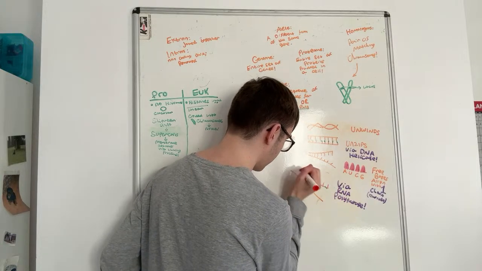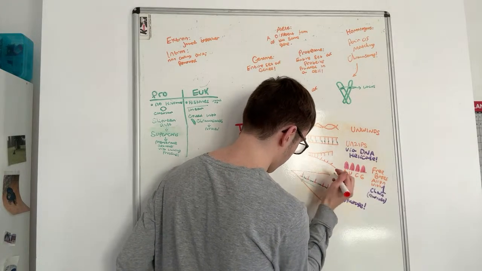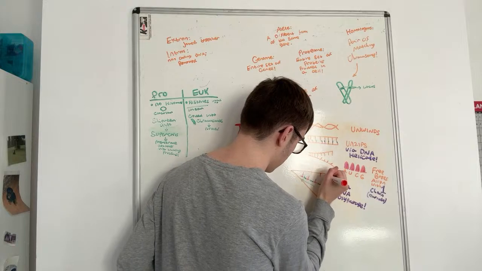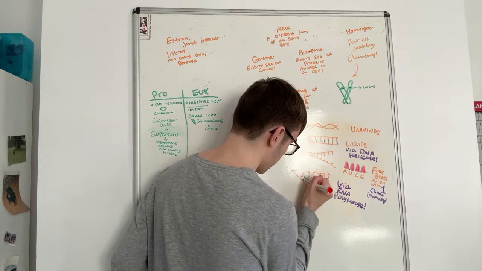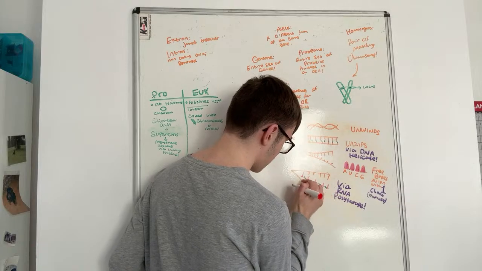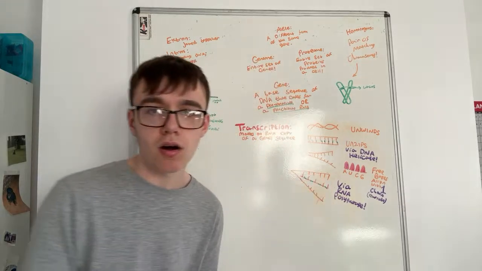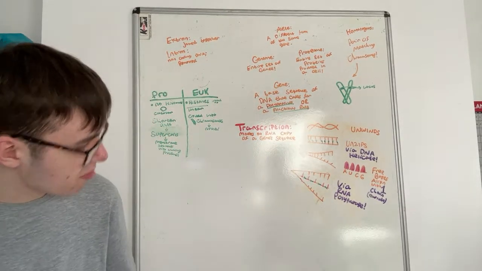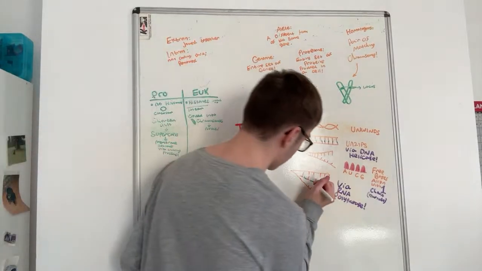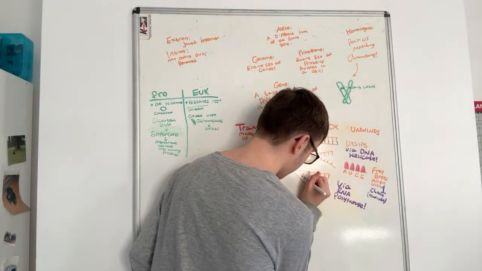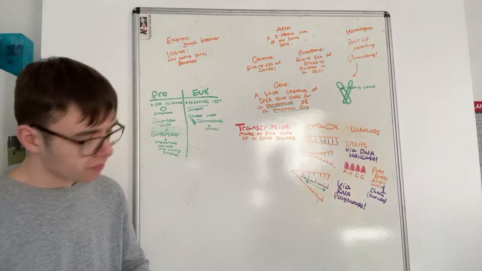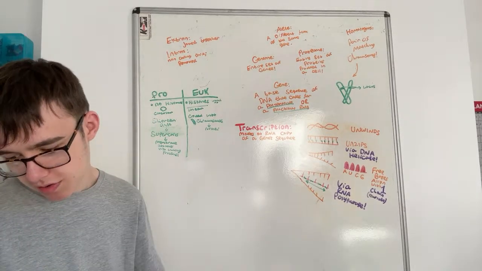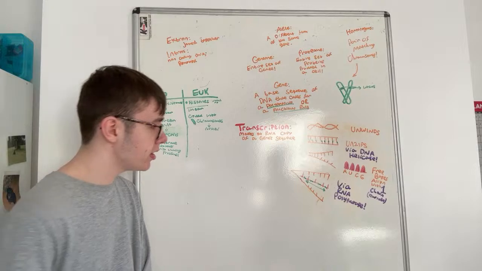I get it now. I genuinely do get this now. This actually does make sense. It just took a lot of time. Because again, it's not making a copy of a whole thing. This is actually starting to click now. I hope it's starting to click for you guys. So it's called pre-mRNA.